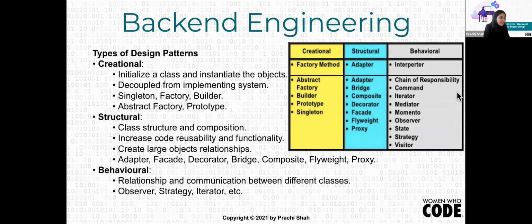Creational design patterns focus more on how to initialize a class and how to instantiate objects, right? So creation and instantiation of objects is what creational design patterns give us template solutions for.